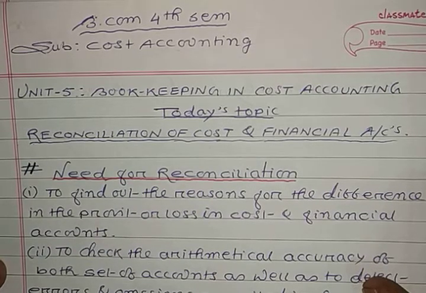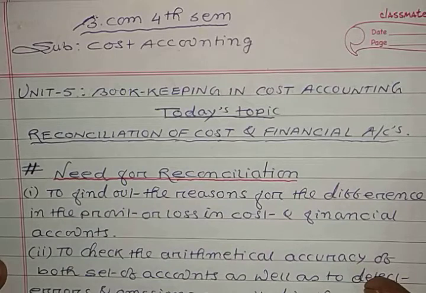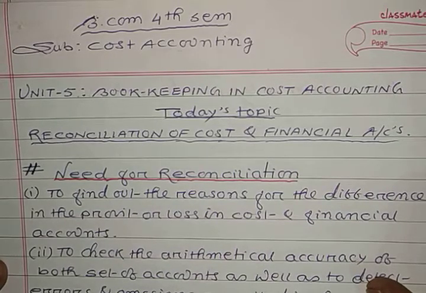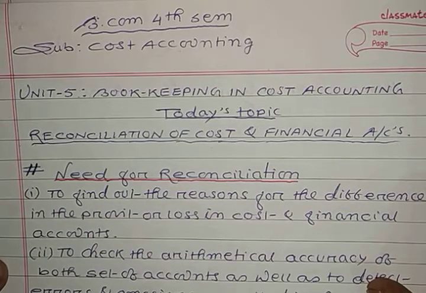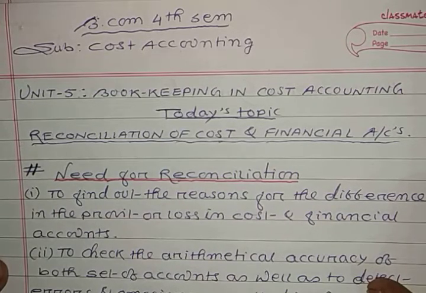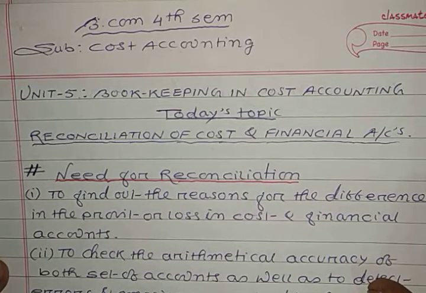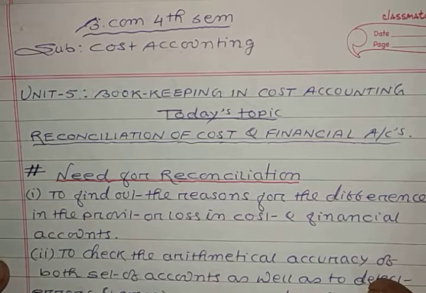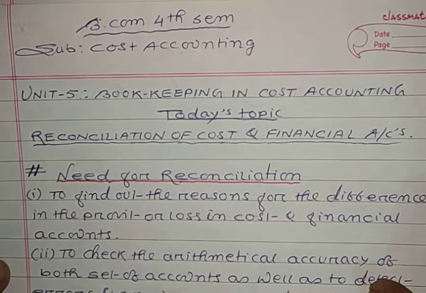Students, you already did reconciliation in the previous classes, that is class 11. If you remember, the bank reconciliation statement, where two books are maintained, one is the passbook and another one is the cash book, right? It is almost the same as that, this topic, reconciliation.